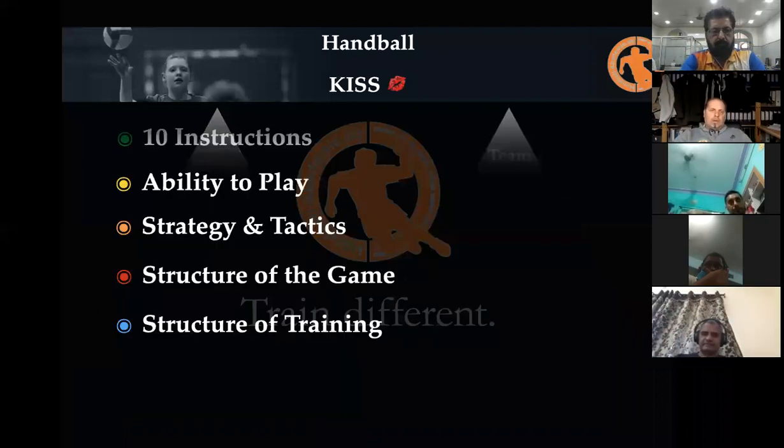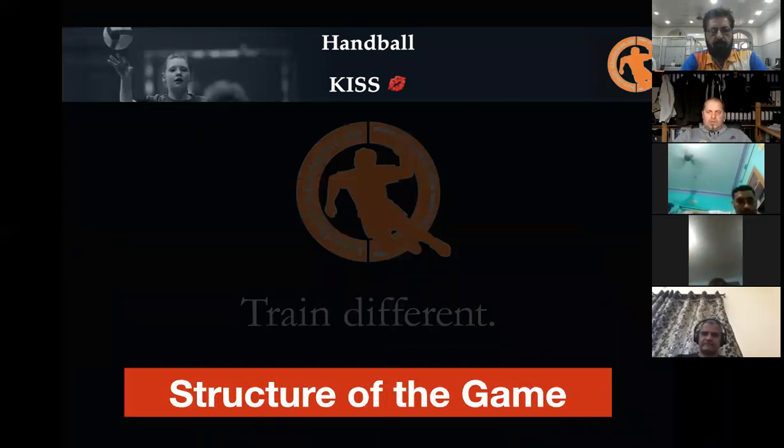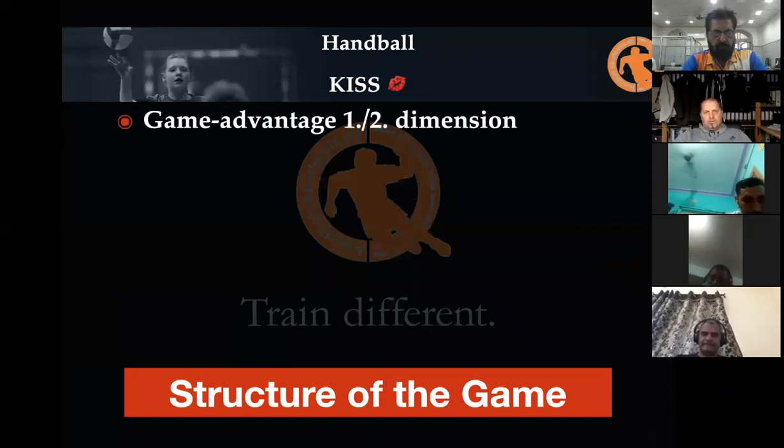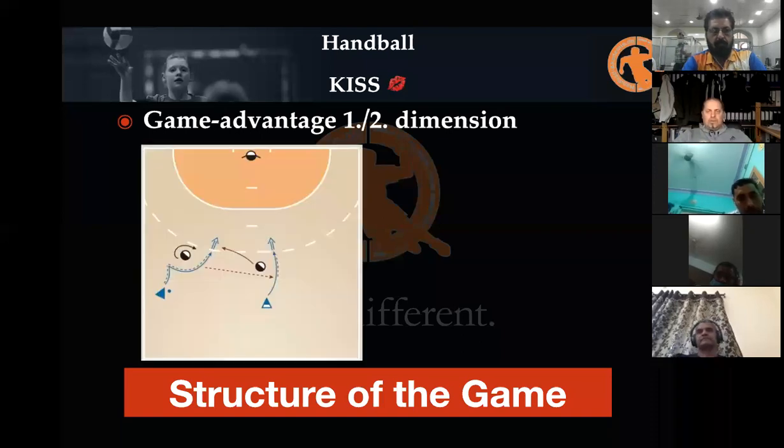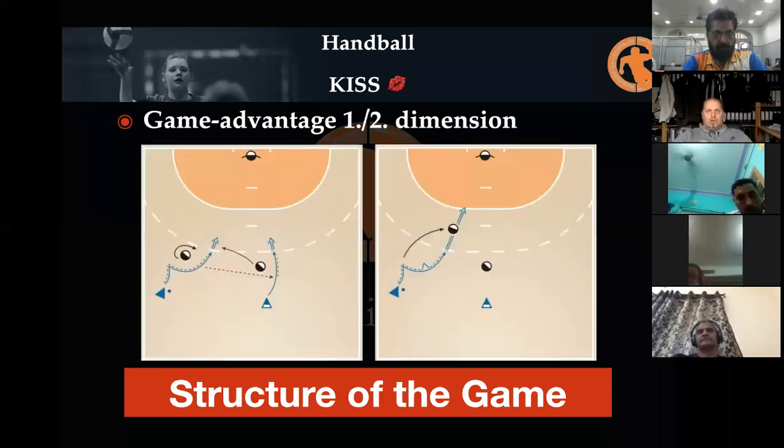Okay, coming to the structure of the game, which is chapter number 4 in this presentation. First of all, coming back to the game advantage given in 2 ways, the first and the second dimension. Here we have the 2 pictures in one slide.